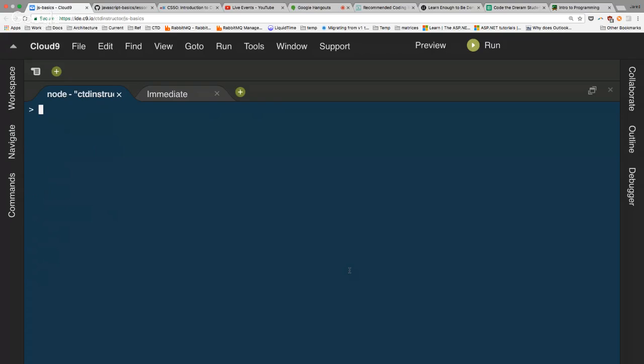Yes? I'm typing Command K on my system to clear the screen, just so that it's easy for you guys to see what's going on. I don't know if there's a command that you can just run inside of Node to do that. Control K, yeah, should be what it is. Well, mine's Command K on my Mac, but Control K is probably what you would do on a Windows system.